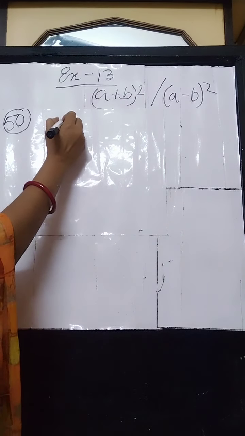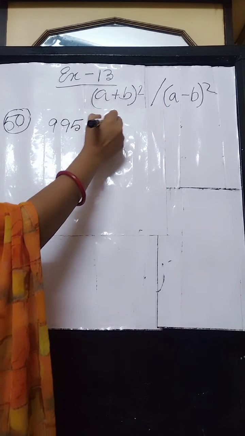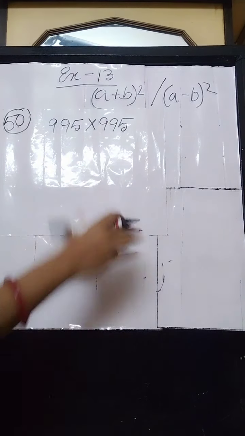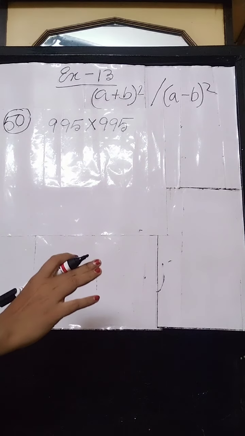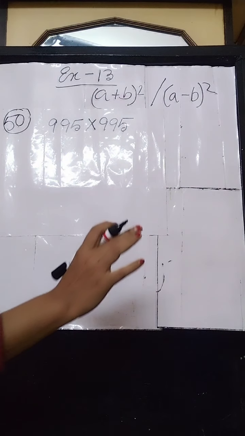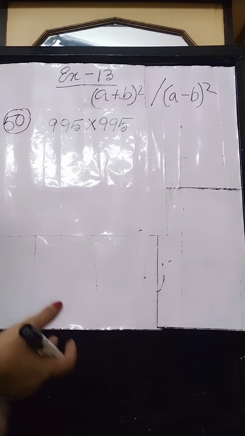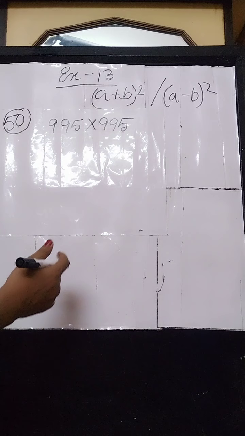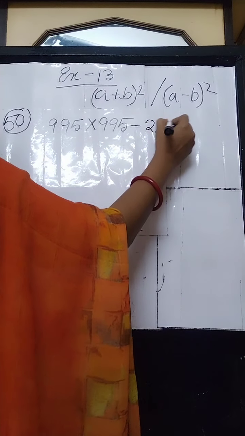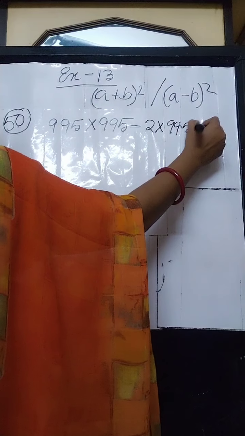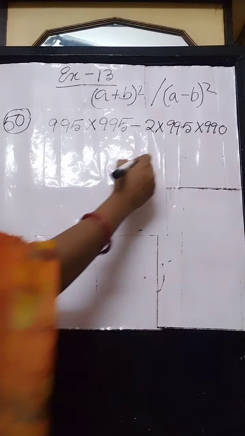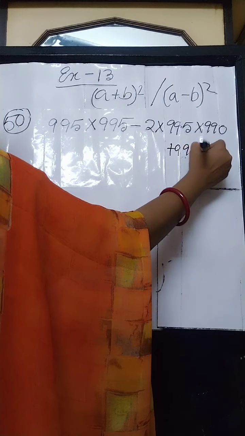In the same way, a huge calculation is given, which we can simply avoid by applying the formula of (a plus b) whole square or (a minus b) whole square. So this is the sum.